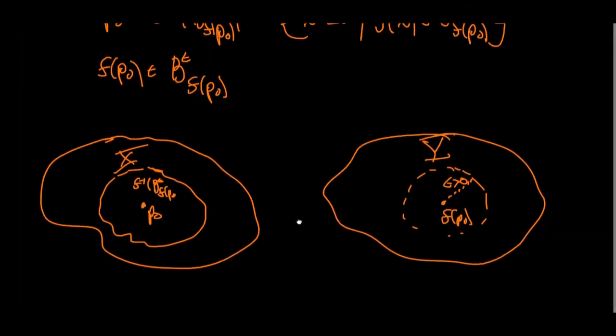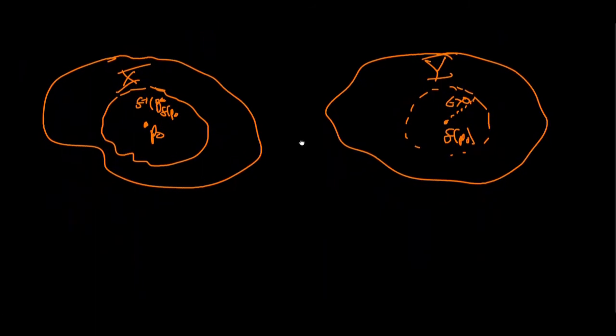Now, moreover, since the open ball centered at f of p naught and radius epsilon is an open set, open balls are open sets, then by definition 1, this inverse image of this open ball under f is in fact open.